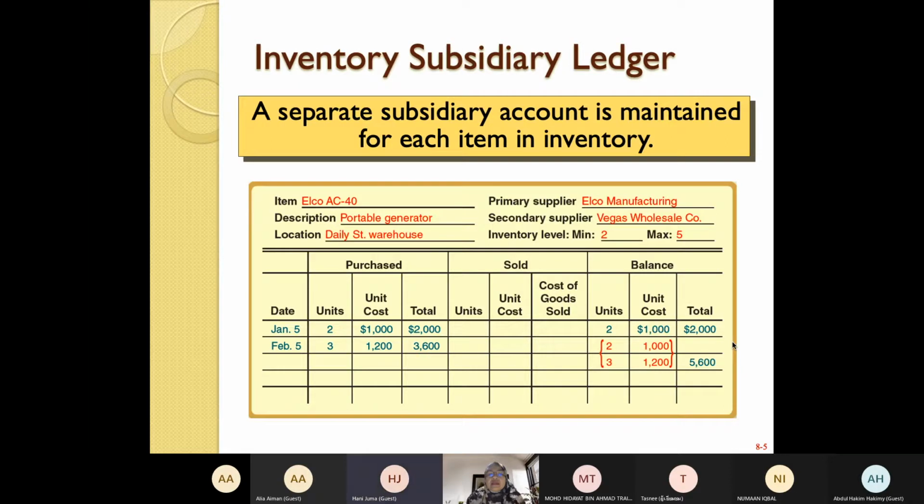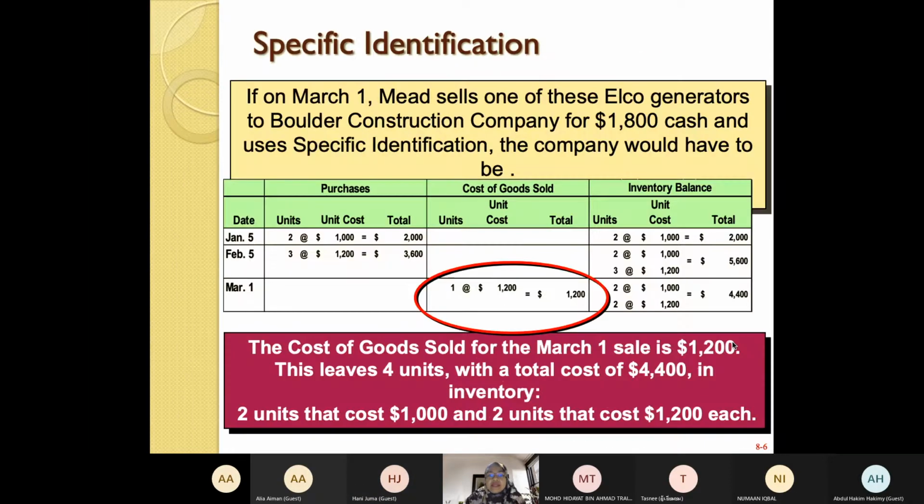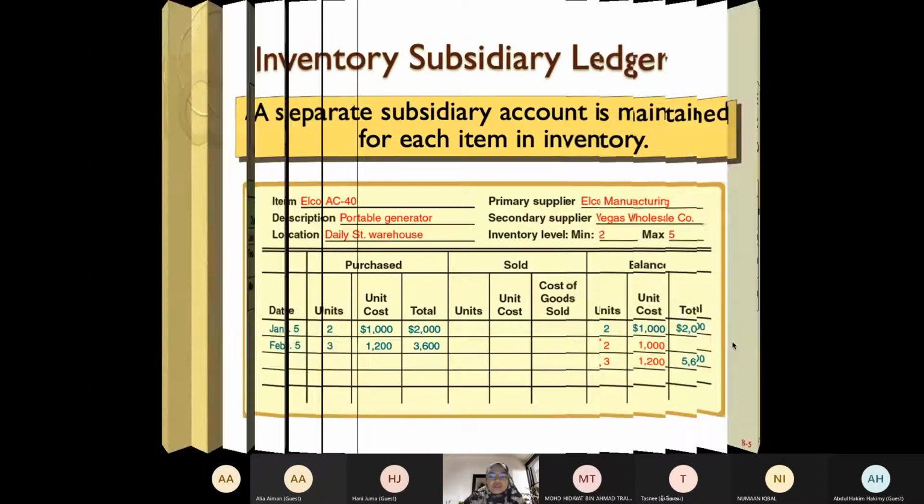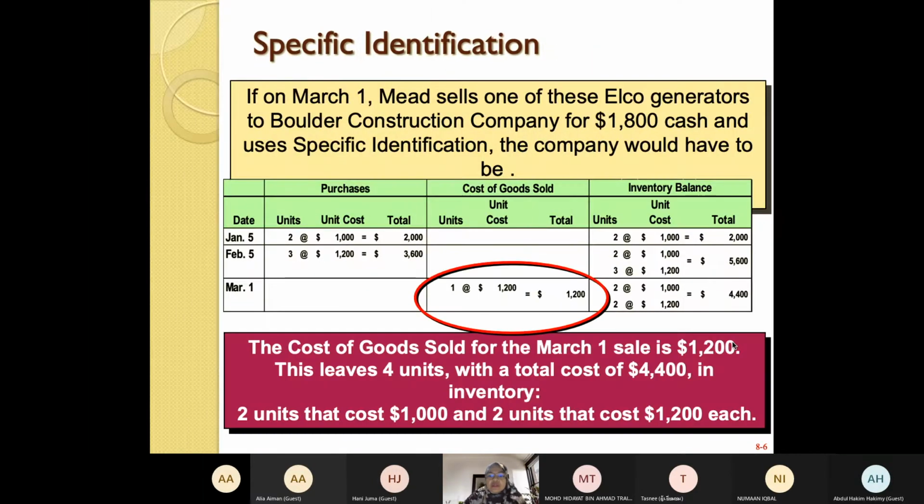Right. Okay. So next it says specific identification. So if on March 1st, Mead sells one of these Alco generators to Boulder Construction for 1,800 cash and uses specific identification, the company will have to... So in this case, it shows you how is the recording of your purchases.